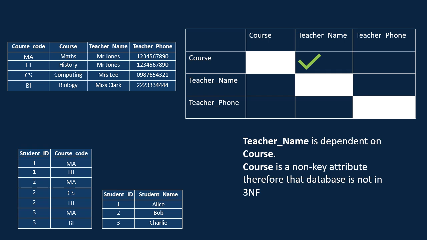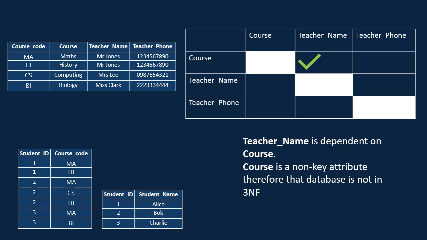We're going to begin by looking at the dependency between the non-key attribute course and the non-key attribute teacher name. Because there's only one teacher teaching a particular course, that course will always be associated with that teacher name. So for a given course, the teacher name will always be the same person.